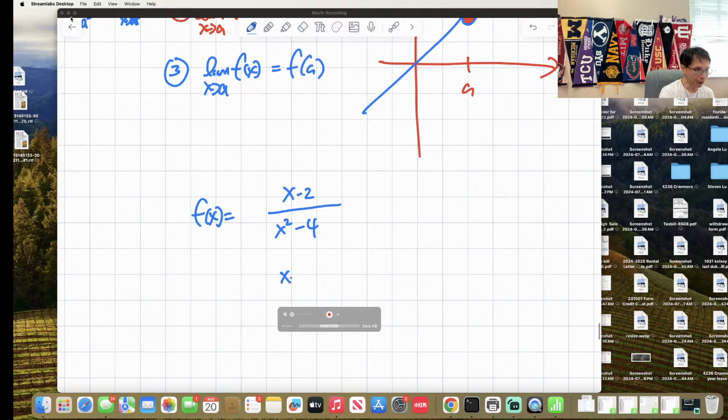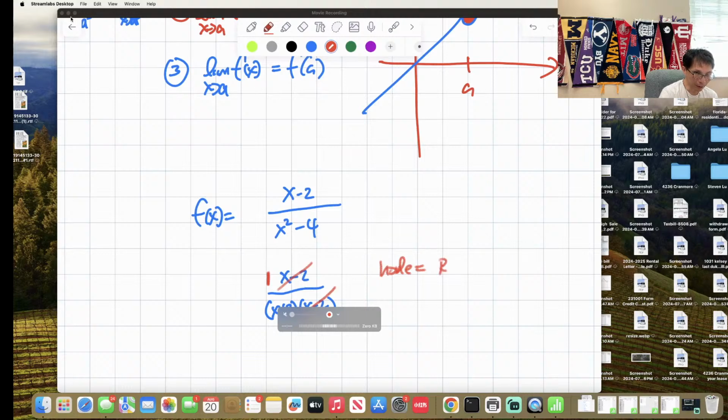If you factor and cancel like you normally would, the thing you cancel here, don't forget to put a 1. Last year a lot of people didn't put a 1 on the top. So the thing you cancel is going to give you a hole. A hole is also known as a removable discontinuity.